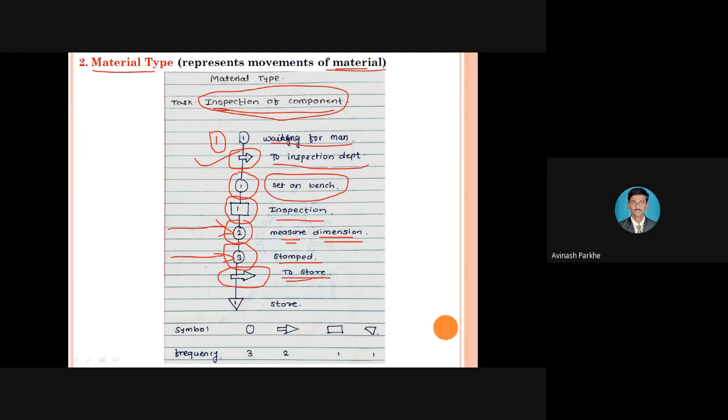and then your material will start moving towards the store. So the second last symbol: after the stamping is over and the inspection is over, your material starts moving towards the storage. Maybe it will be moved by the operator, or maybe through material handling equipment. But we only have to think about the movement of the material from the inspection department to the storage device, and at the end your material will be stored in the storage.